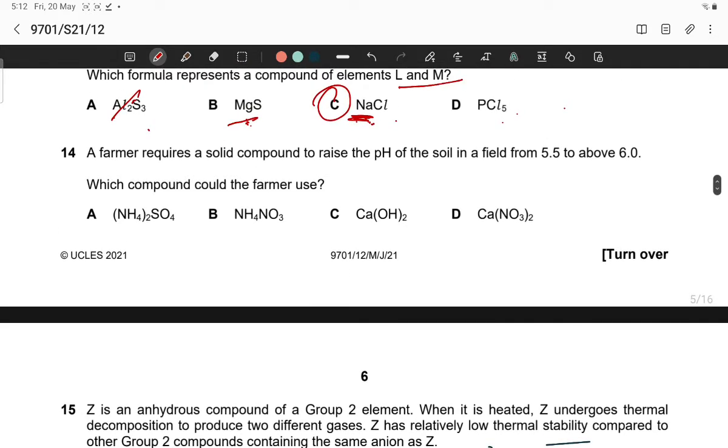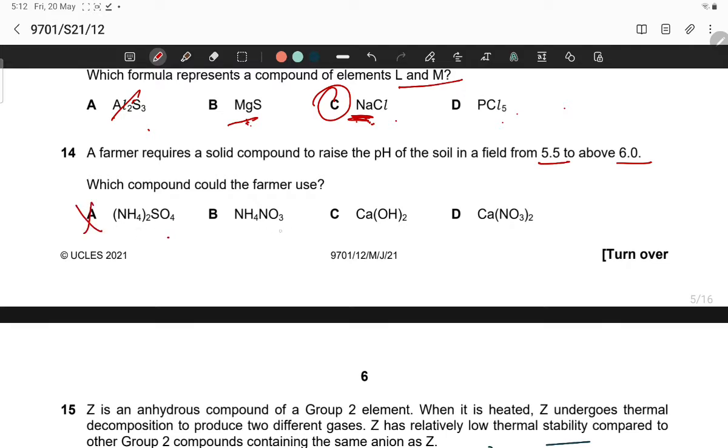A farmer requires a solid compound to raise the pH of the soil in a field from 5.5 to above 6. Which compound could the farmer use? Ammonium sulfate is an acidic salt, so it lowers the pH, not increases it, so this is incorrect.